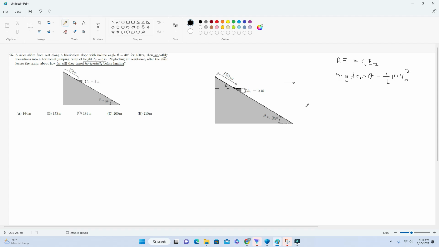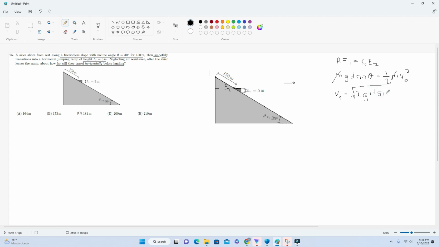So let's quickly solve for this v0 in terms of these other variables. We isolate the variable by first dividing both sides by m, then multiplying by 2 on the other side, and then taking the square root. So you get that v0 is equal to the square root of 2 g d sine theta.